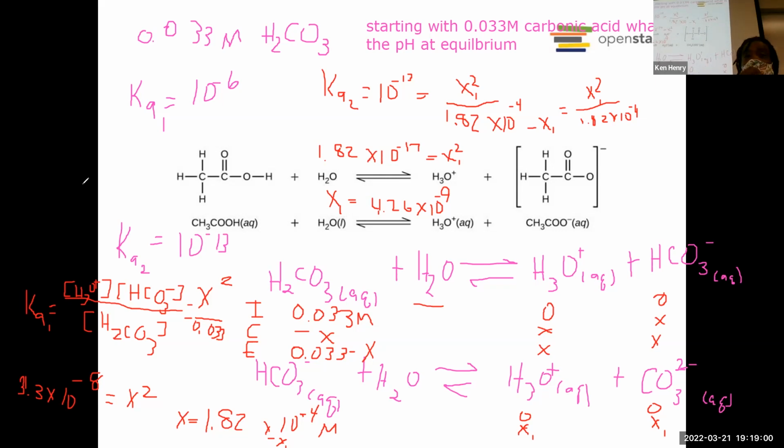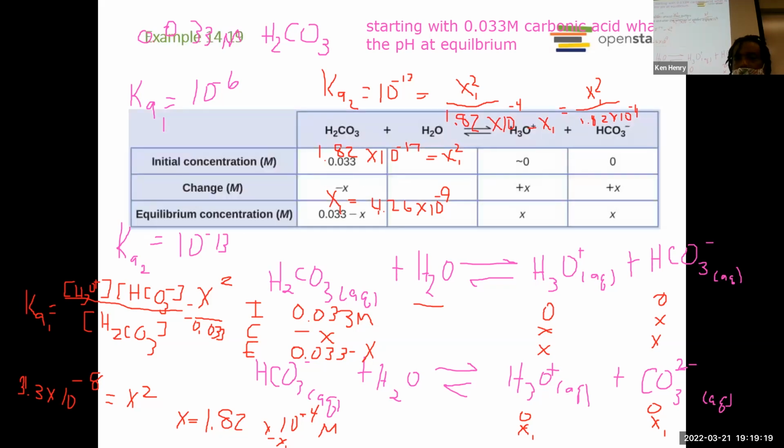I should just say your Ka. Since this Ka is so small, it's going to have minimal contribution to that hydronium. Does that make sense?